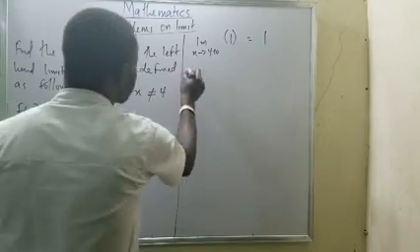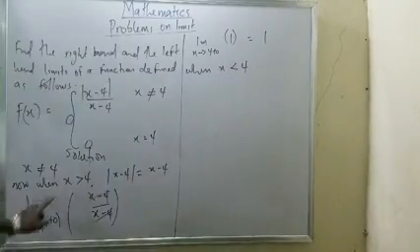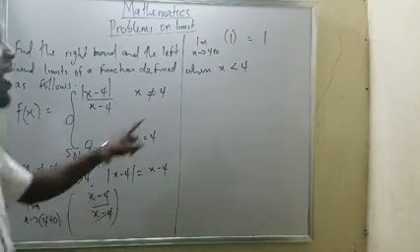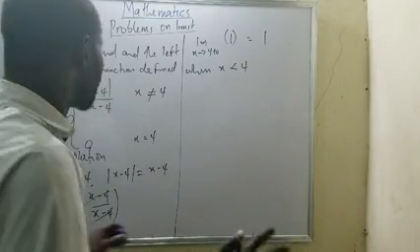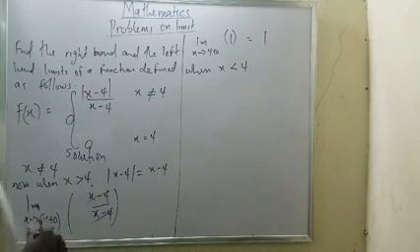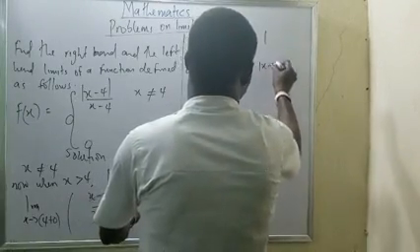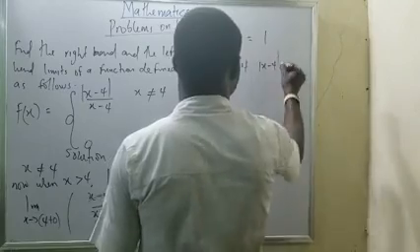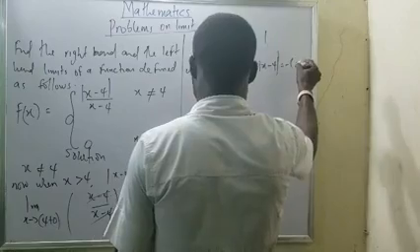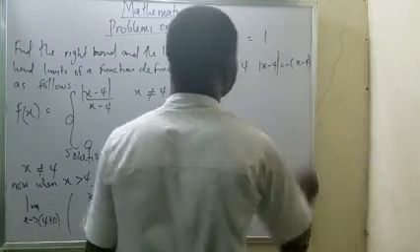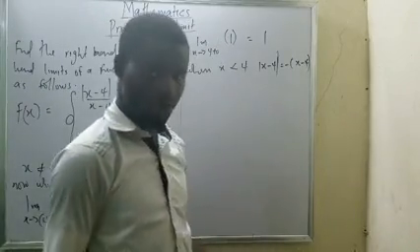Now, the second one is when my x is less than 4. The first one, when my x is greater than 4, I had 1. Now, when my x is less than 4, that's what I want to work on. Once my x is less than 4, it means the absolute value of x minus 4 will be equal to minus bracket of x minus 4. That is the meaning. It means we are playing around on the down part of the function.